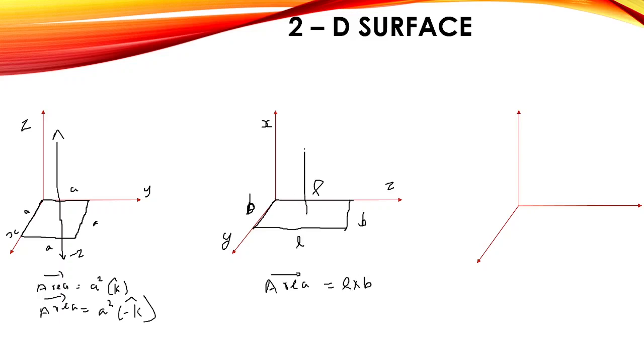It will be in this direction, that is the x direction. The unit vector of x is i cap. Next, the area will be in the minus x direction, right? The perpendicular from this will be in this way also, that is in the minus x direction. So we can write L into B minus i cap.